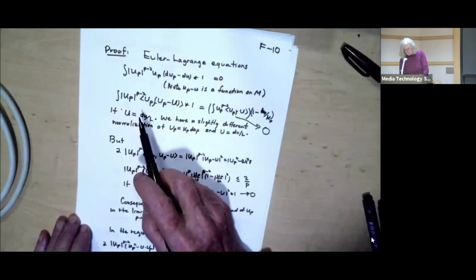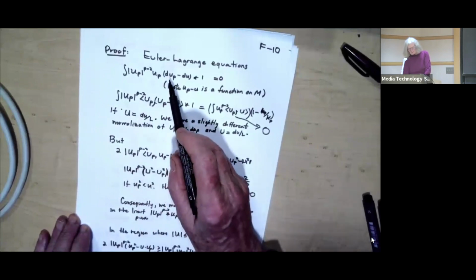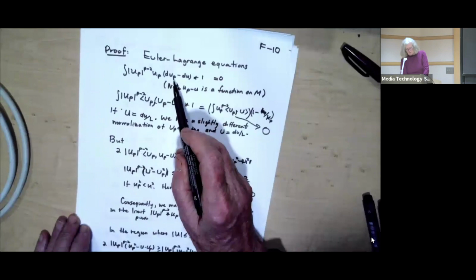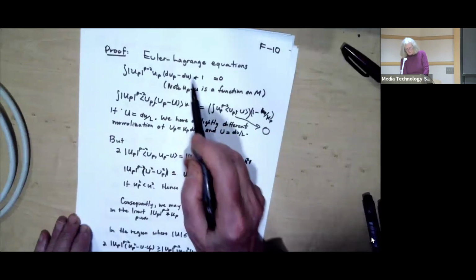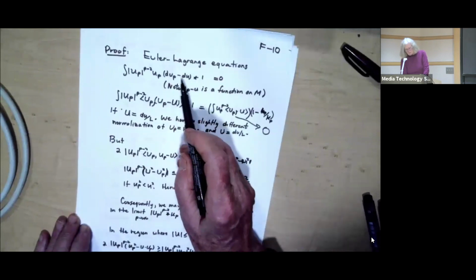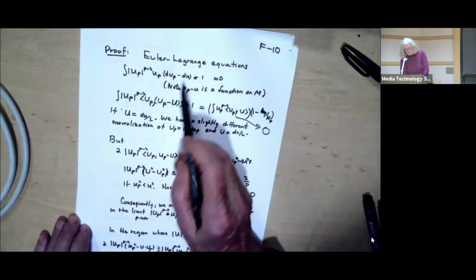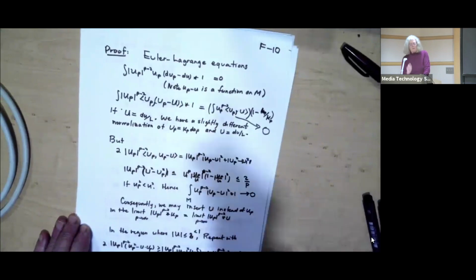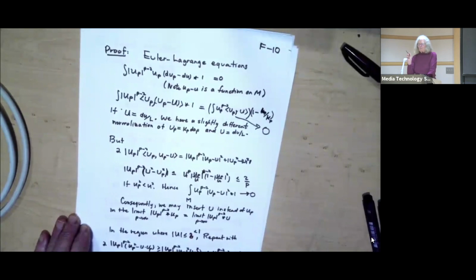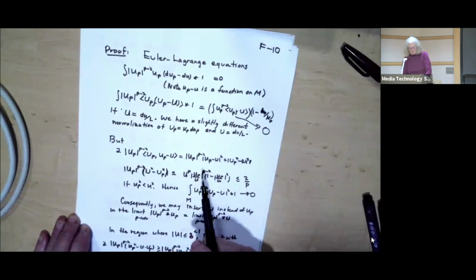All we do is we put into the Euler-Lagrange equations du sub p minus du. Now, u sub p and u are not functions, but their difference is a function on the manifold. So I can insert that in there and get 0. So this is important.